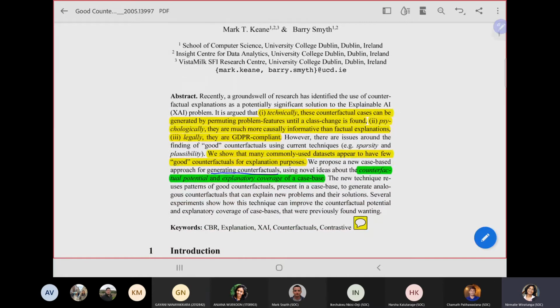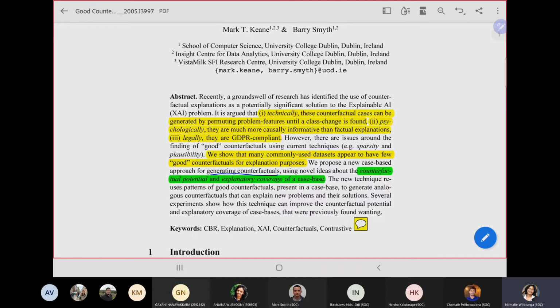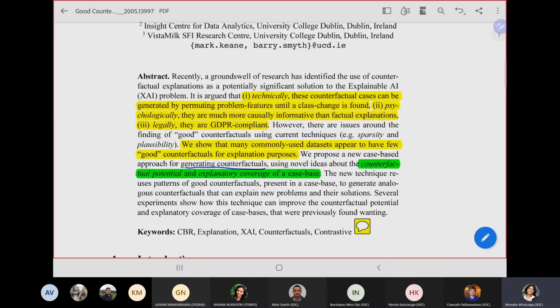Looking at the abstract, they argue that these counterfactual cases can be generated by permuting problem features until a class change is found. Then they say counterfactuals are psychologically much more causally informative than factual explanations, and legally, they are GDPR compliant.